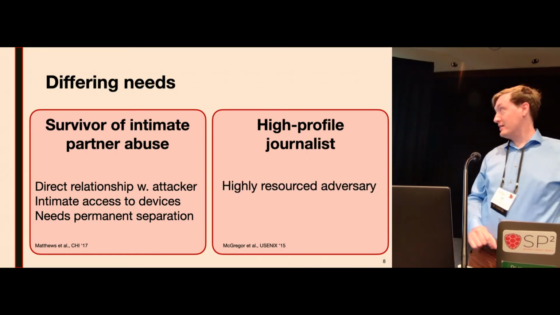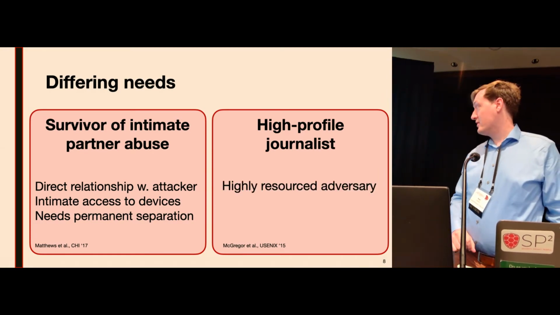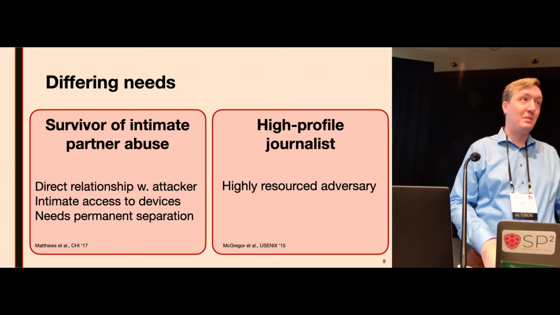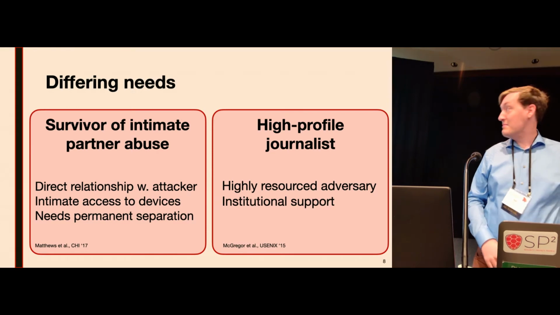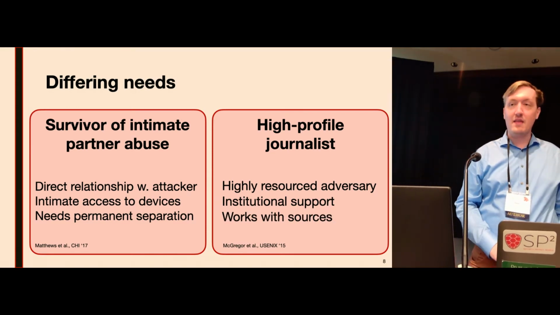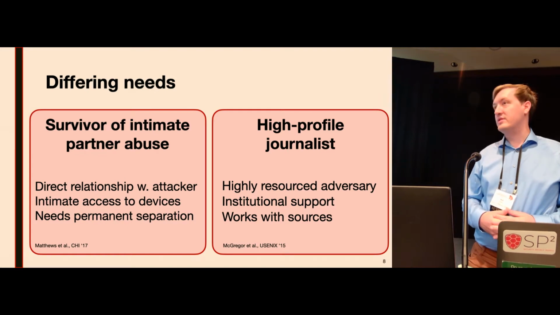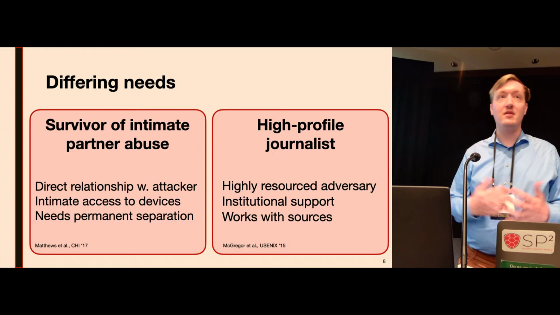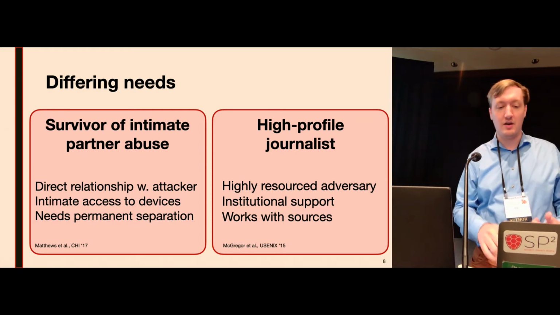In comparison, though, a high-profile journalist might have a highly resourced adversary, like a nation-state who doesn't want them to publish X, Y, or Z. They may also have access to institutional support through their newsroom, and they might work with sources who have their own requirements for communication, which could limit the options that they can use to protect themselves.